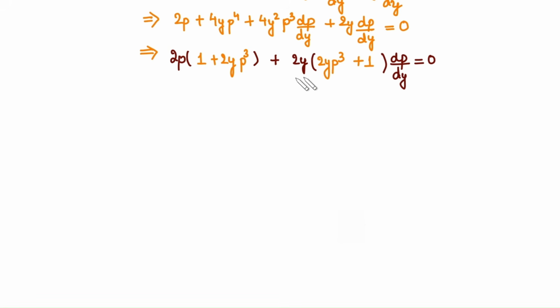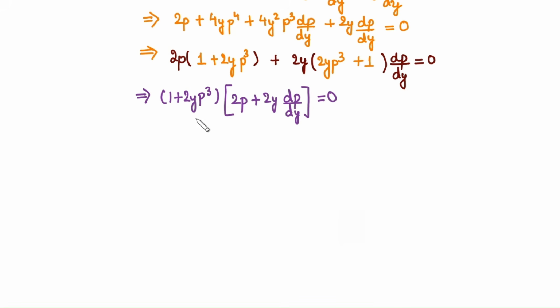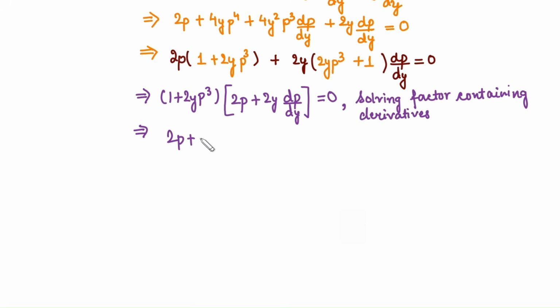Both contain the same factor and we can further write it as 1 plus 2yp cube into 2p plus 2y dp by dy. Now this is the first order differential equation. From here, we need to solve the factor that contains the derivative. This implies 2p plus 2y dp by dy is equal to 0.